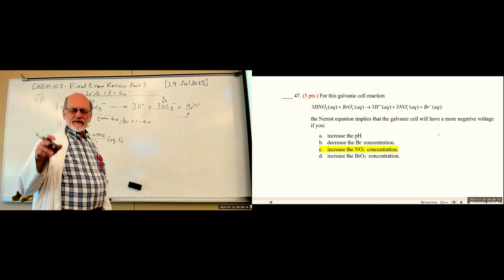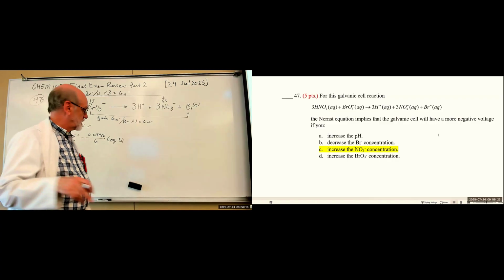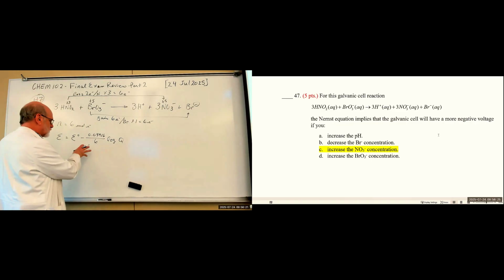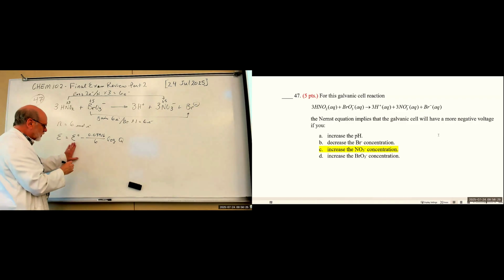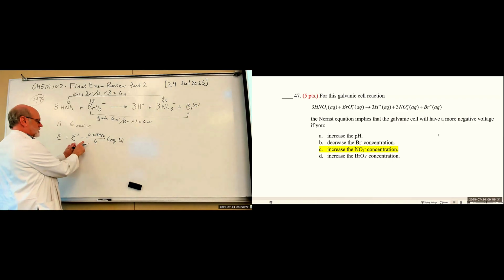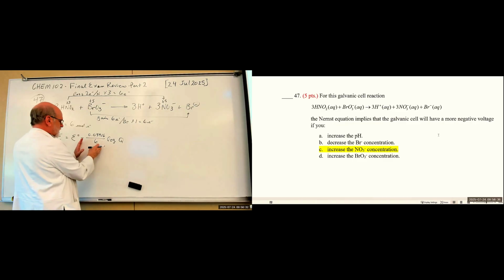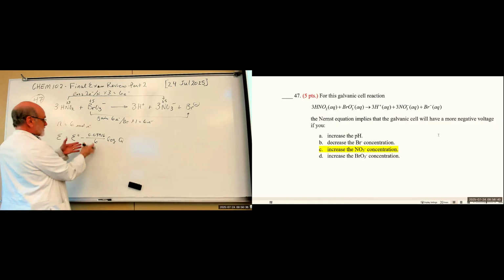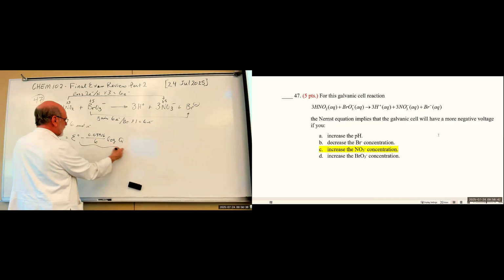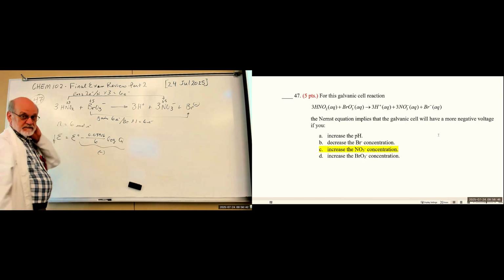The Nernst equation implies that the galvanic cell will have a more negative voltage. How do you get a negative voltage here? A more negative. Move it toward the negative. Take this one and subtract. That will make it more negative. This has to be greater than, well, it has to be a negative value. This whole thing has to be negative in order for this one to be decreased.